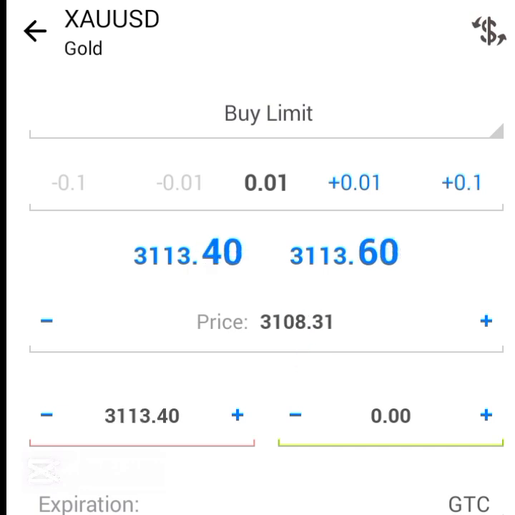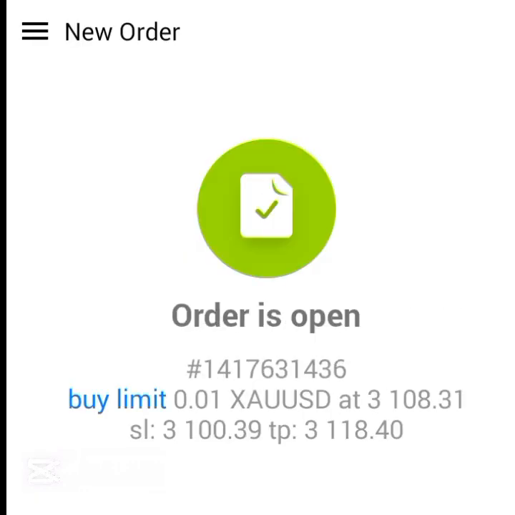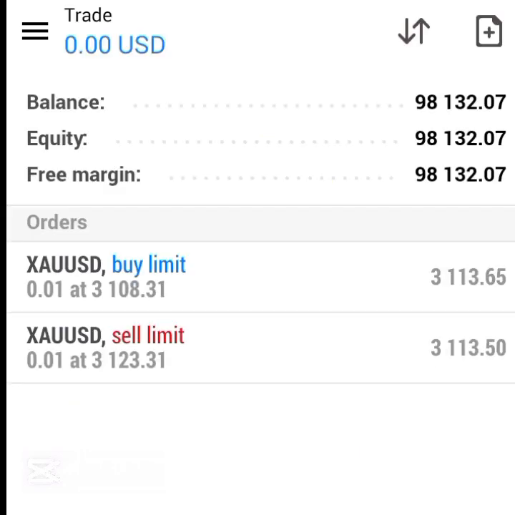Let's use stop loss at 3100. All right, and then first TP, let's put it at 3118. Okay, let's place it. So it's within that range now. When it triggers, if there's a second TP, then I'll open a second one at the same price.